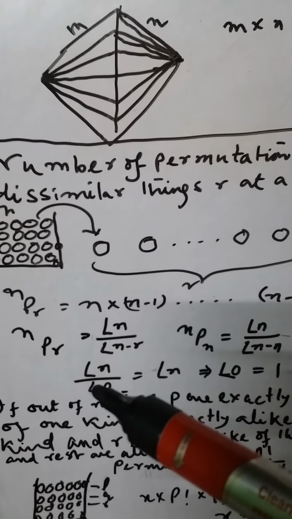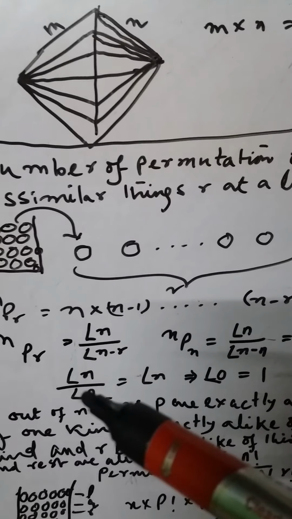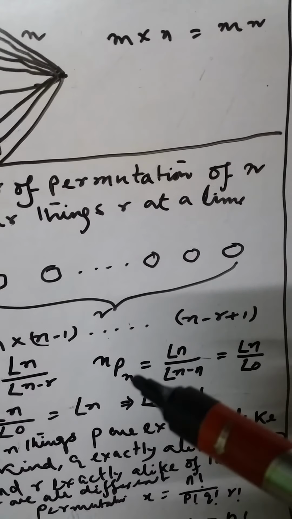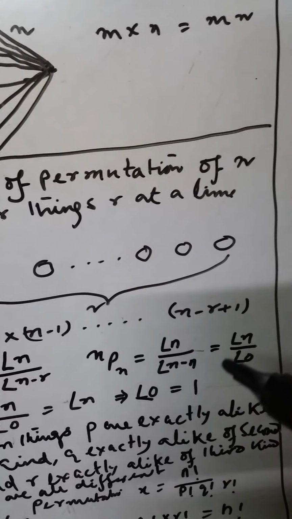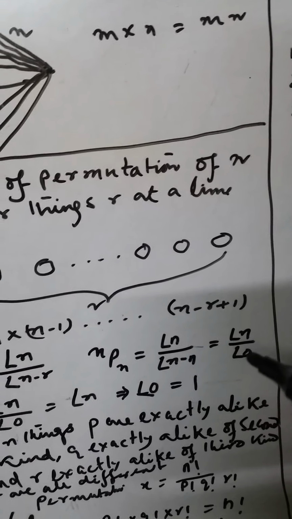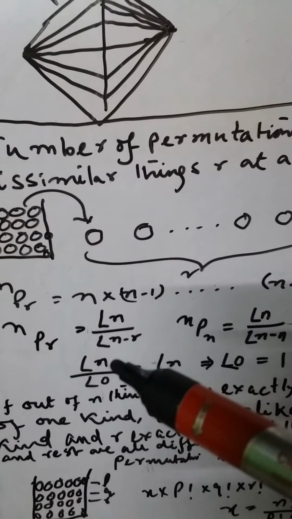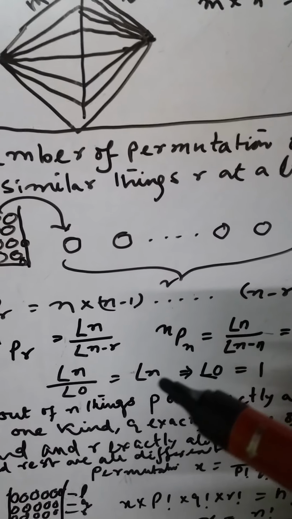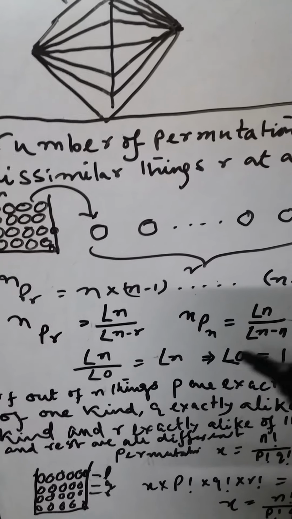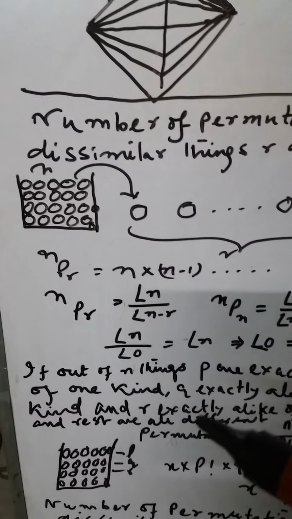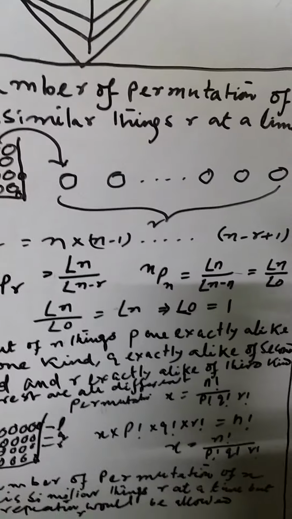Now, what is the value of factorial 0? nPn means factorial n by factorial n minus n. So factorial n by factorial 0 is equal to factorial n. From this you get factorial 0 equal to 1, cutting this.